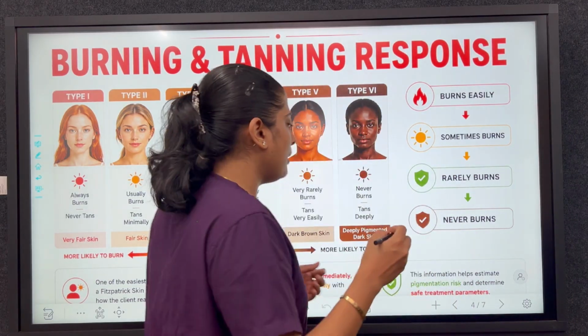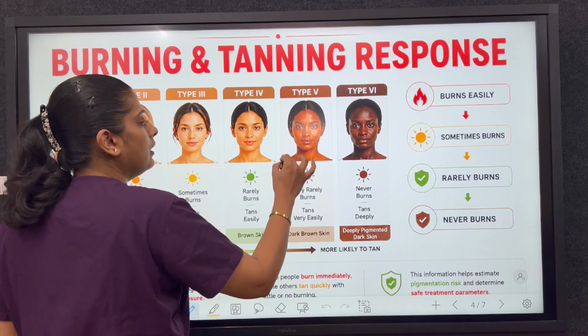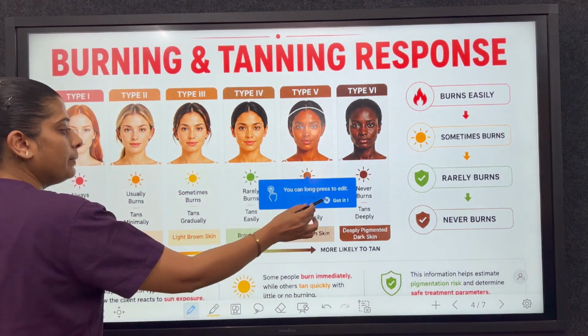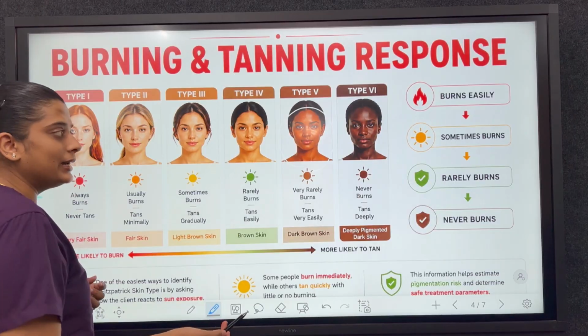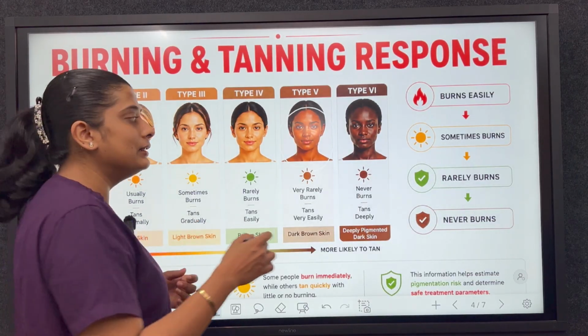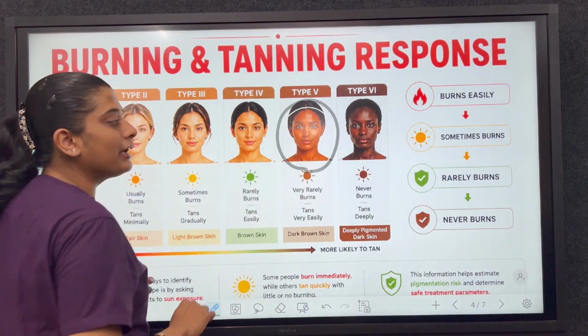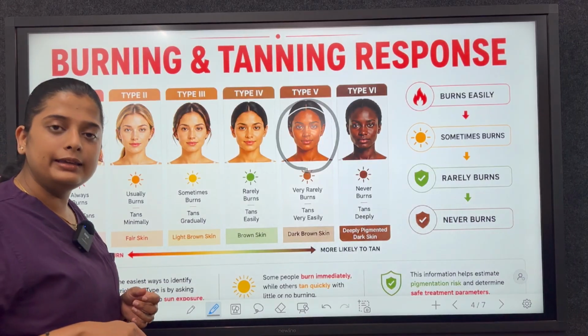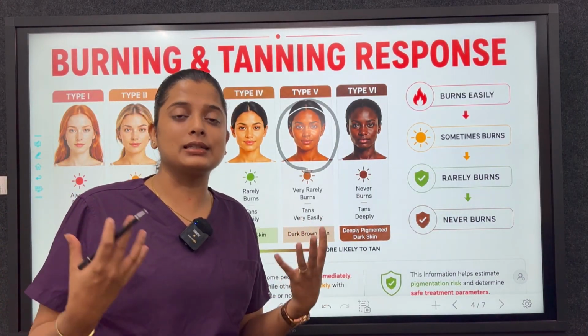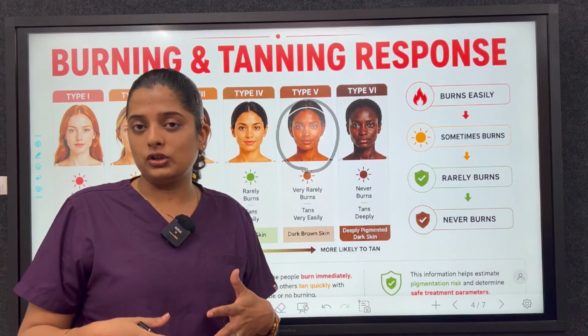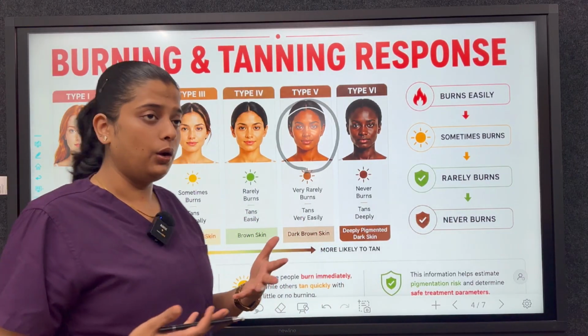This color, this melanin, actually becomes a defense shield. Yes, the melanocyte produces melanin to protect the skin from external damages or internal ones as well, okay.